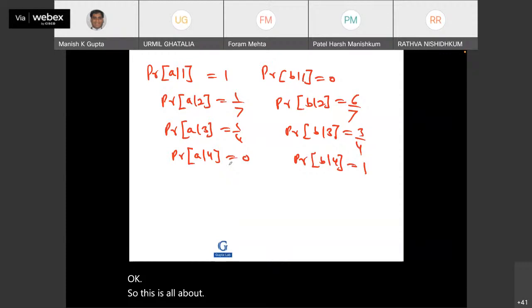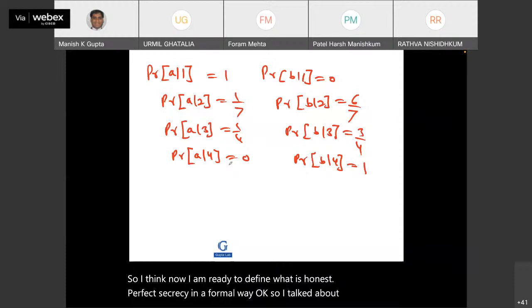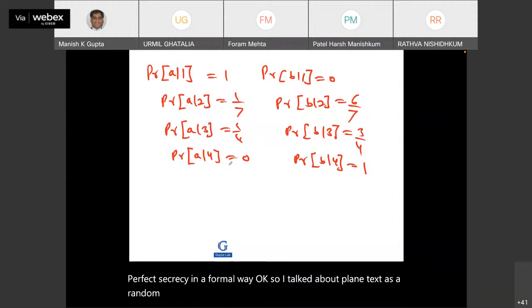Now I think I am ready to define what is known as perfect secrecy in a formal way. I talked about plaintext as a random variable, key space as a random variable, and ciphertext as a random variable.